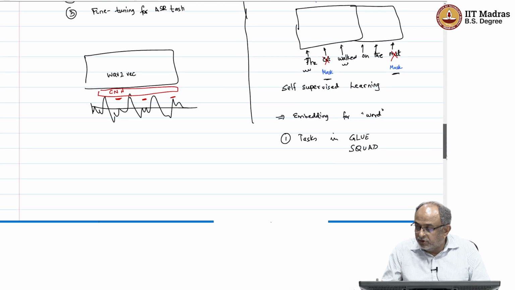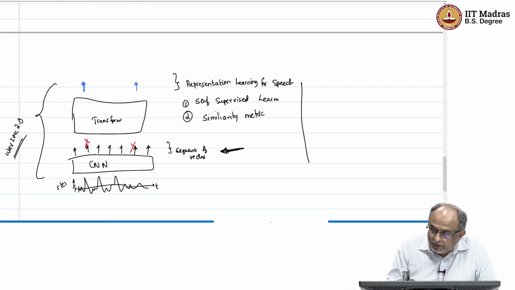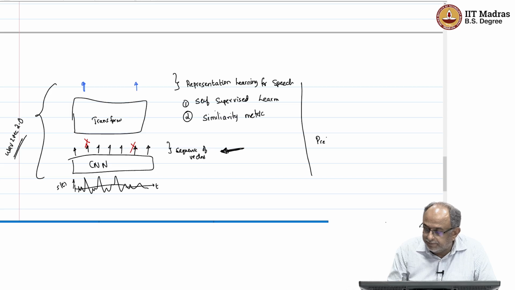So, we are going to borrow this idea, but now we are going to do it for speech. And what are we going to do in speech? We are going to have a pre-trained model like this.